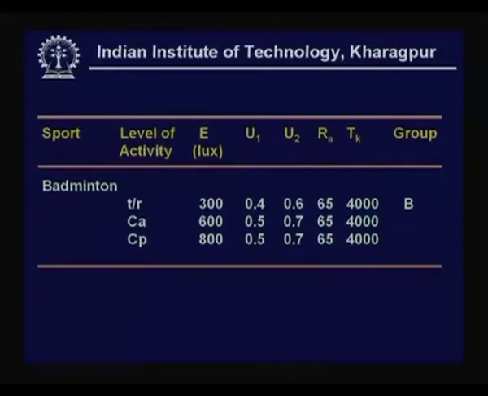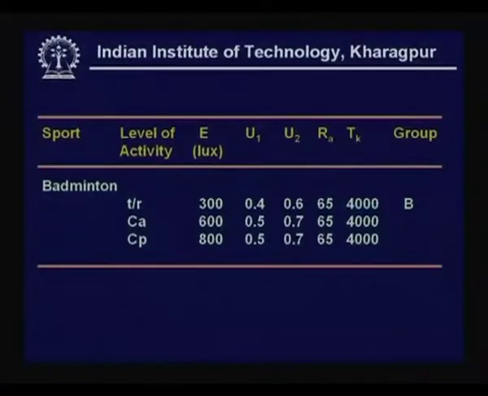You can very well see that what was between 100 to 500 lux in case of indoor athletics has increased to about 300 to 800 lux. These are as per the CIE recommendations. But from the color rendering point of view, the color temperature requirement and color rendering are more or less around 65 and 4000 K.